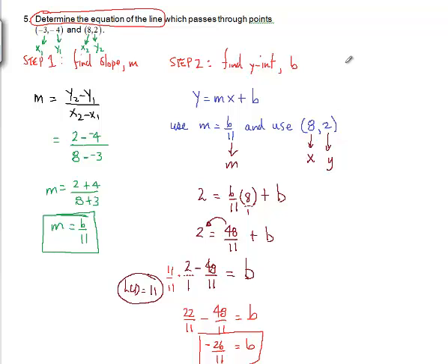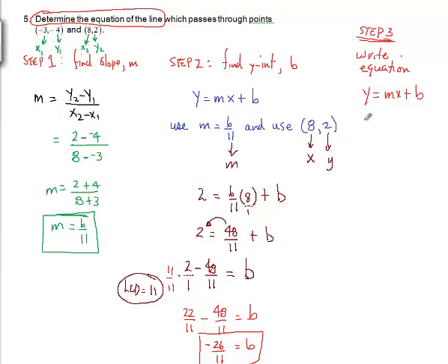So the 3rd step, of course, of this series, step 3, is to actually write the equation. So step 3, now we write the equation with m and b. So we're using again the form y equals mx plus b, but this time of course y and x remain there.